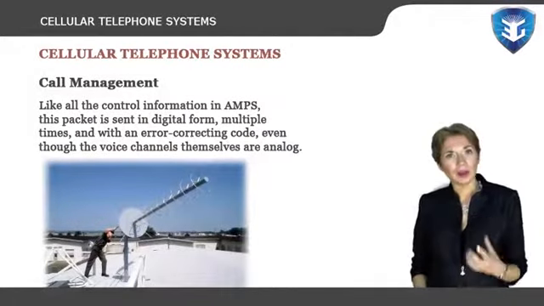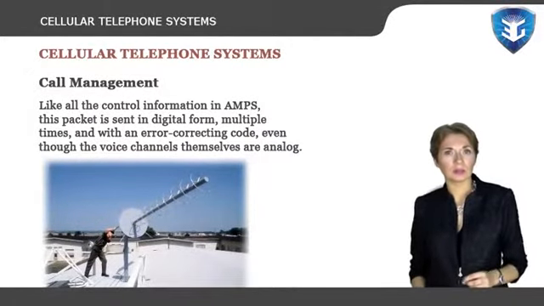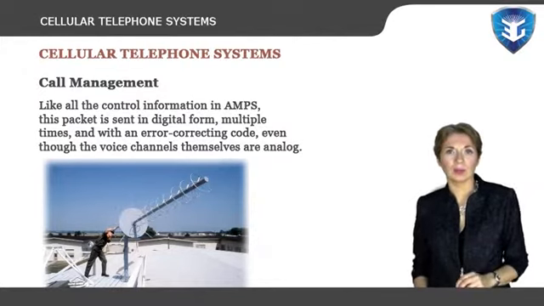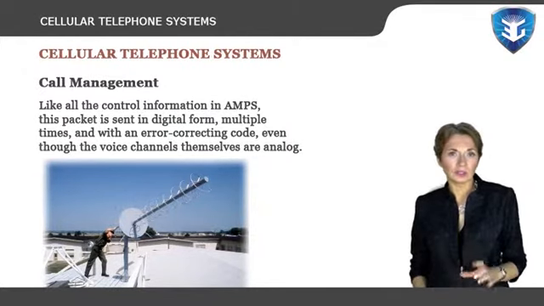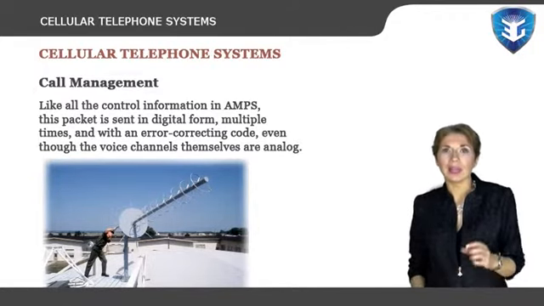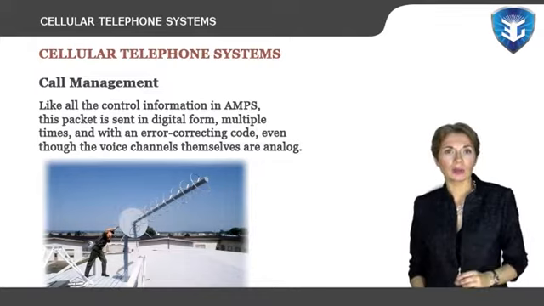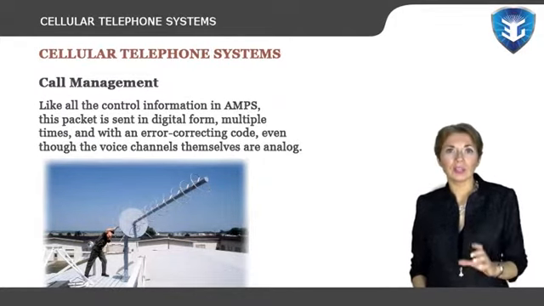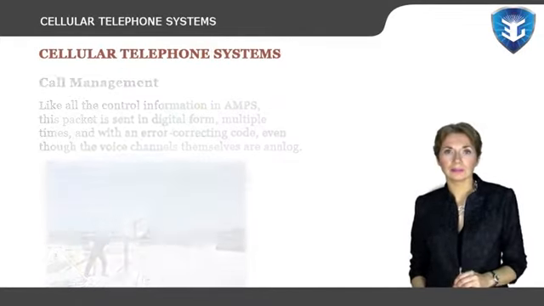The phone then broadcasts its 32-bit serial number and 34-bit telephone number. Like all the control information in AMPS, this packet is sent in digital form multiple times and with an error-correcting code, even though the voice channels themselves are analog.